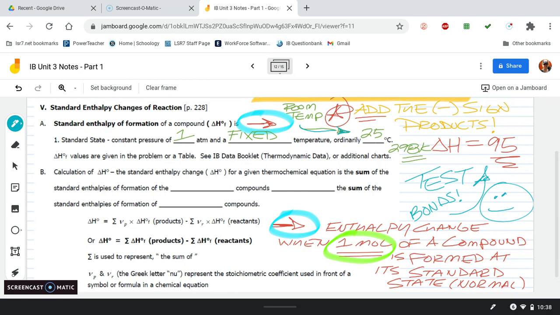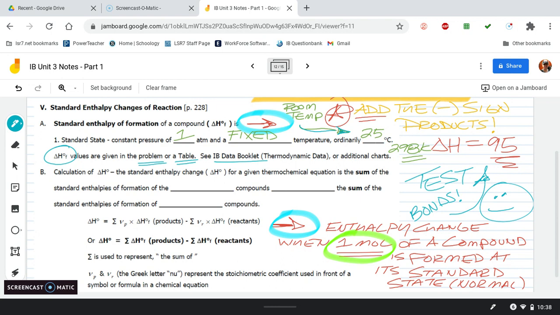Delta H values are either given in the problem, which is very common, or in a table, or some of them are in the data booklet. There's not a lot in the data booklet because every single compound that exists has one, so they can't put them all in your data booklet. There's just a very few in there.